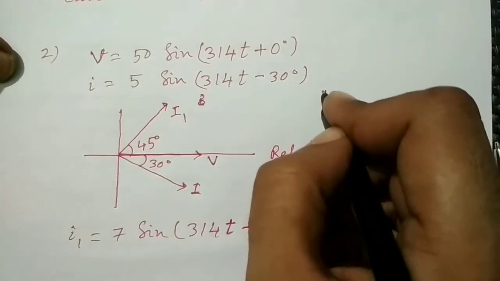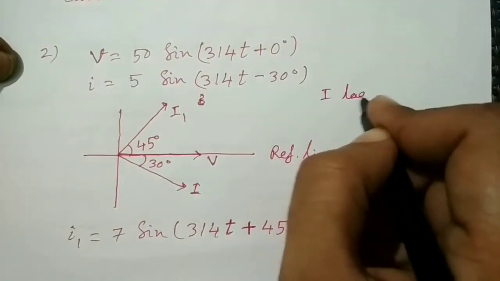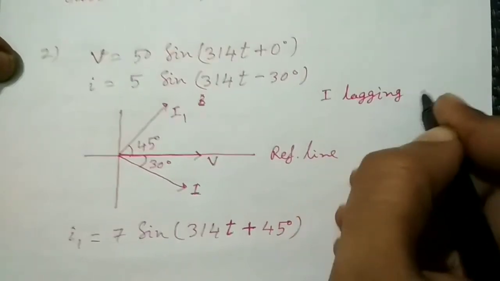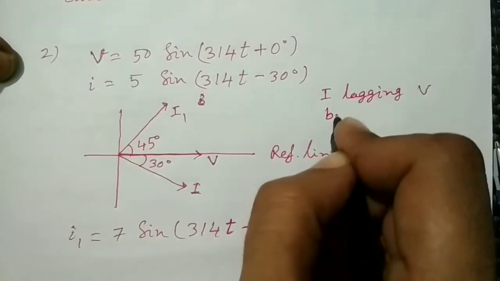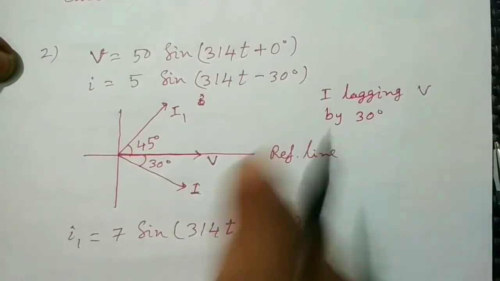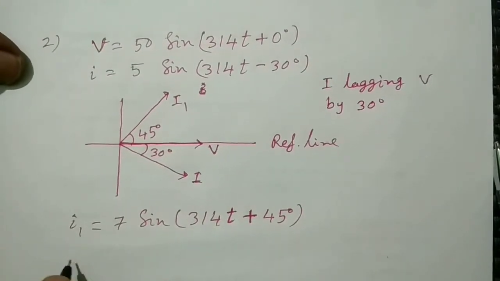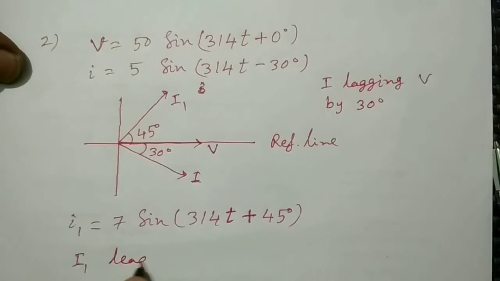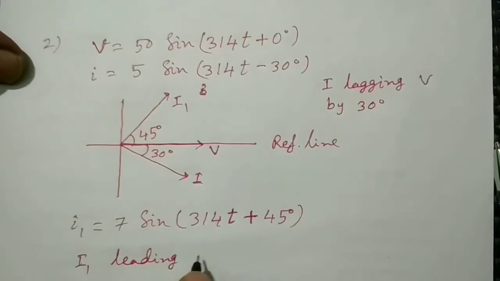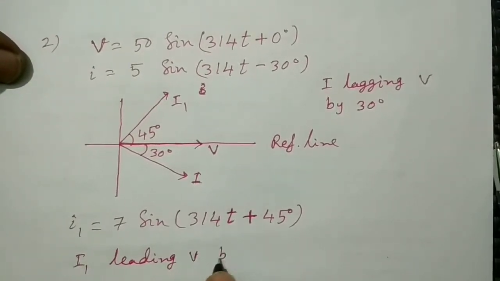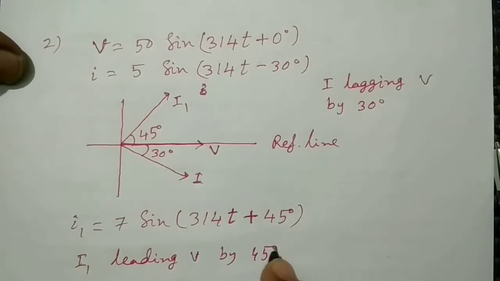Here I was lagging V by 30 degree, and here I1 is leading V by 45 degree.